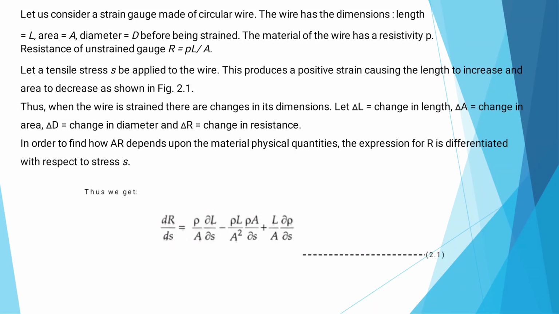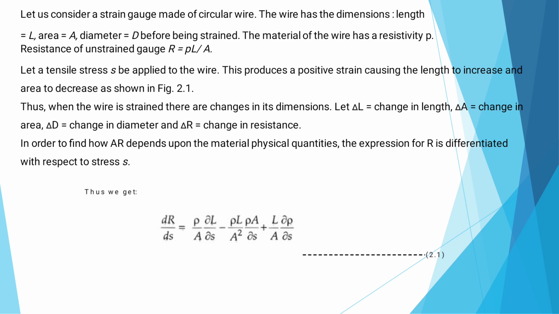Let us formalize this mathematically by examining a strain gauge made of circular wire. Before any strain is applied, the wire has an initial length L, cross-sectional area A, diameter D, and a material resistivity rho.